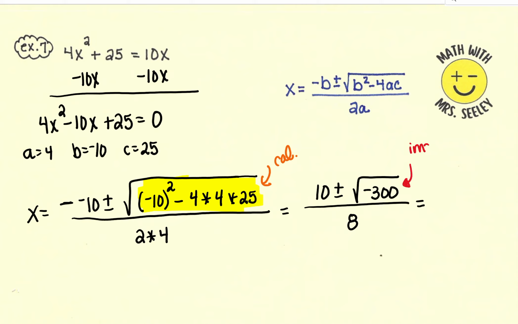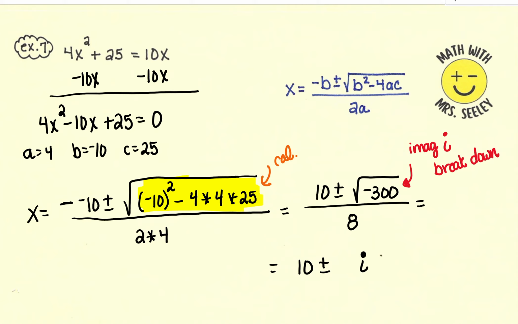So we're going to pull out the imaginary unit i because you have a negative under a square root. And also, you're going to have to simplify or break down the radical. So I will have 10 plus or minus, right? We're going to pull out the i because of the imaginary.